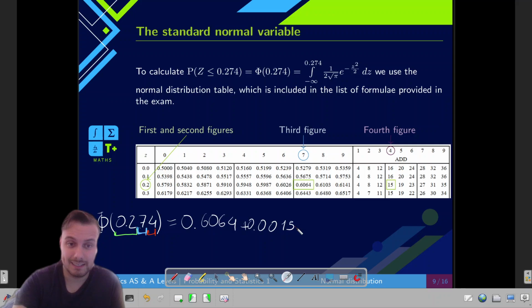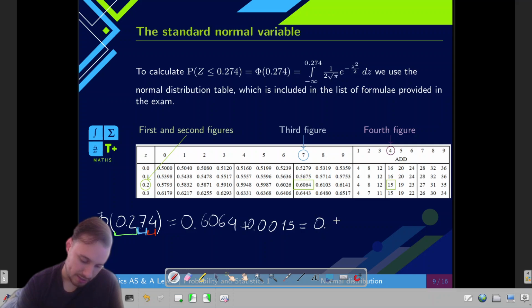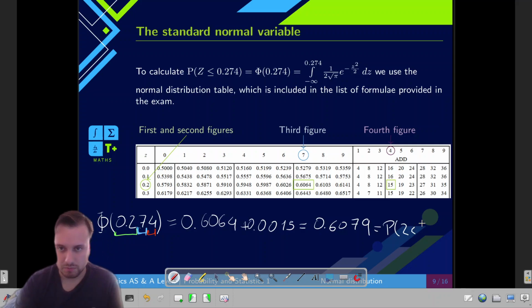It's like the last digit that you're adding. So what is my value here? The probability that I'm looking for is 0.6079. That is the probability. This is the same as the probability that my value of Z is less than or equal to, remember it doesn't matter, 0.274.